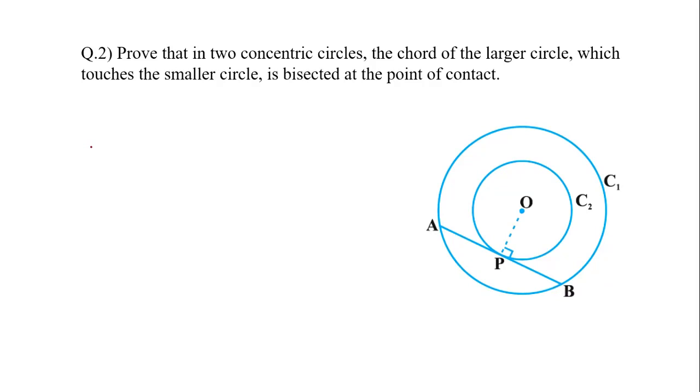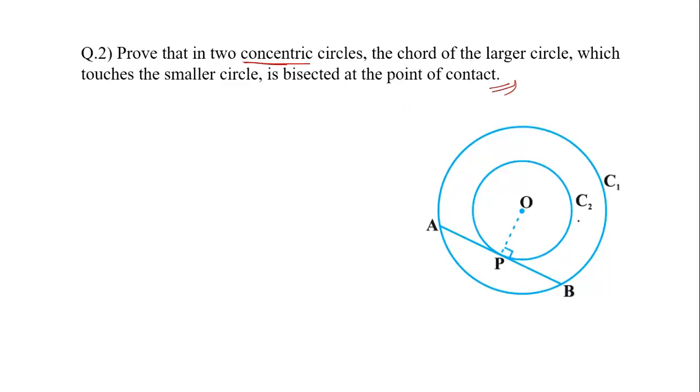Now let's move to question number 2. In this question we have to prove that in two concentric circles, the chord of the larger circle which touches the smaller circle is bisected at the point of contact. So concentric circles are those circles which have the same center. These are called concentric circles.